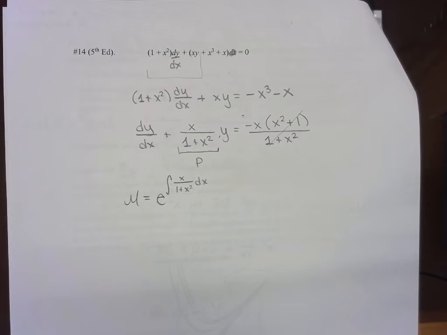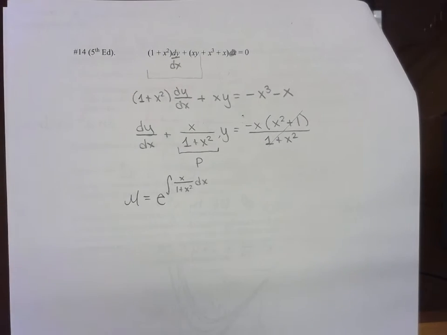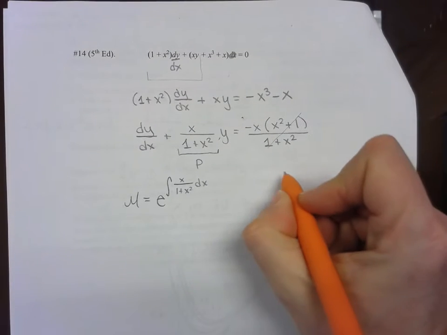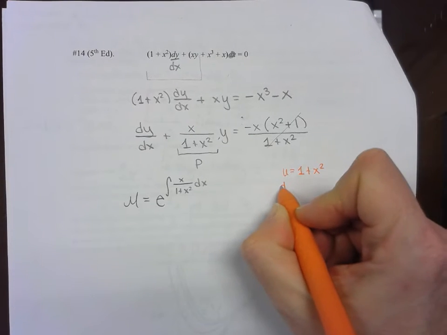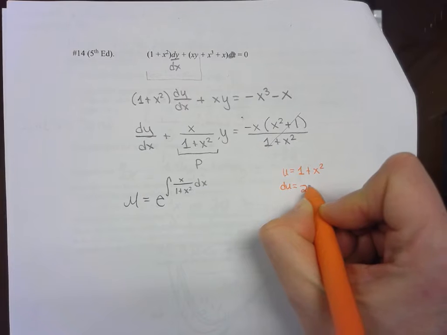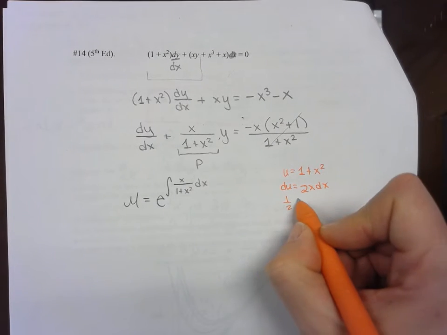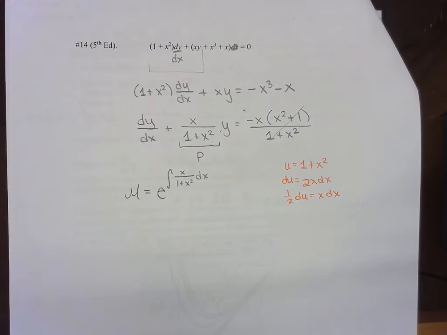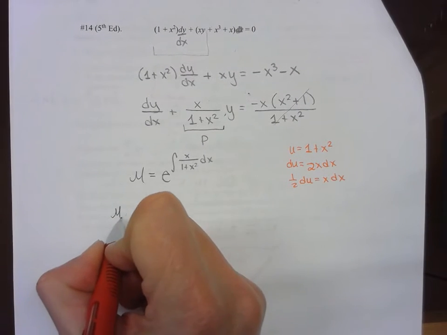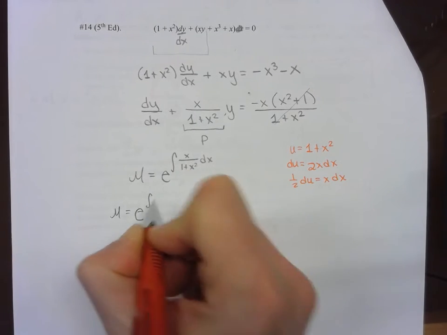That's a u substitution. So I would let u equal the denominator, 1 plus x squared. Then du would be 2x dx, and we have x dx, so 1/2 du equals x dx. So mu equals e to the antiderivative.